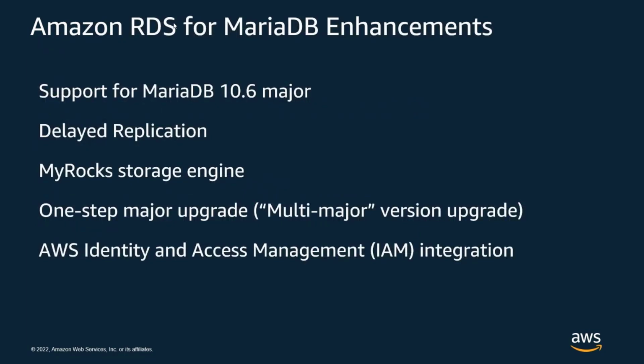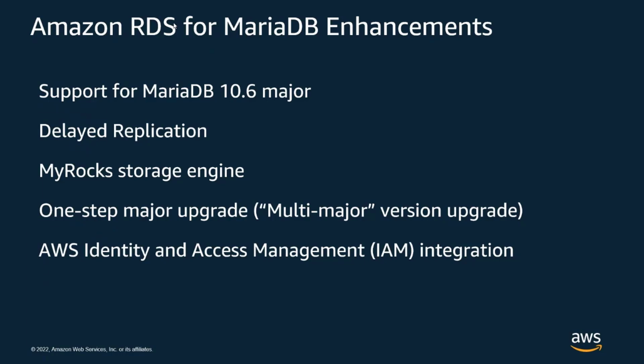In Q1 of 2022, we introduced the new version MariaDB 10.6 with Amazon RDS. And with that, we enabled several new features. We have also introduced delayed replication as a disaster recovery strategy. We've expanded our portfolio of storage engines on RDS MariaDB, and we've added MyRocks along with InnoDB.